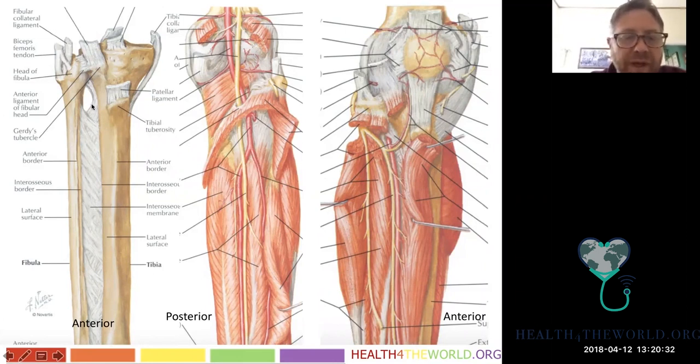If you look over here, this hole in the interosseous membrane is where the anterior tibial artery is going to come through. And so it's the first large branch off the popliteal artery below the knee, right here, going anterior, going through this foramen, and supplying the anterior lower leg.